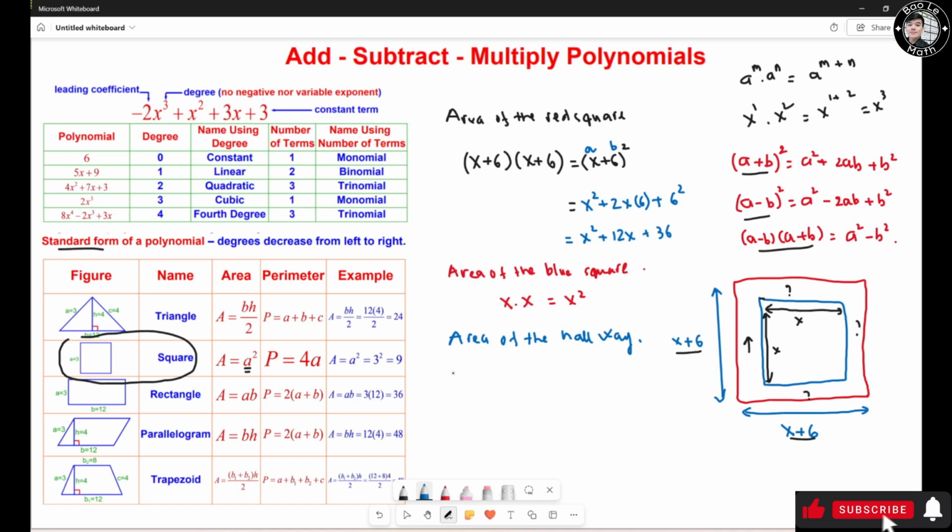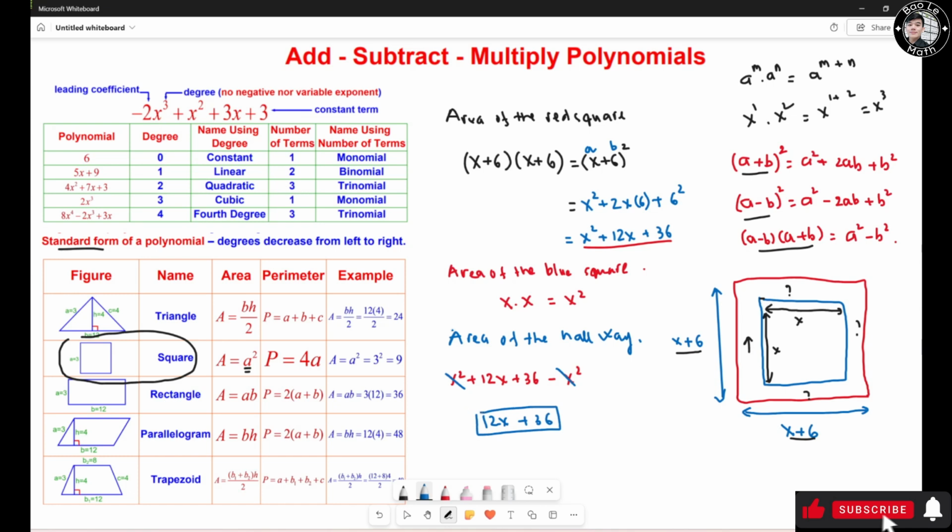So it's going to be s squared plus 12s plus 36, subtract s squared. Now s squared and s squared cancel out, so the answer must be 12s plus 36. This is the final answer.